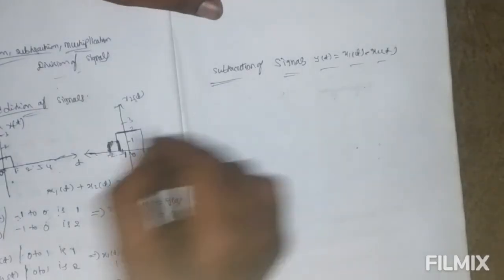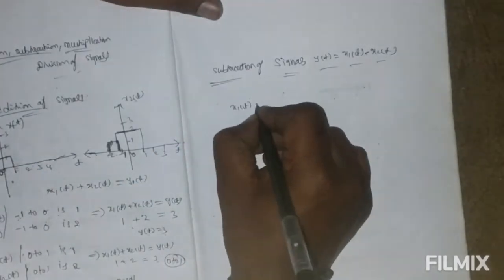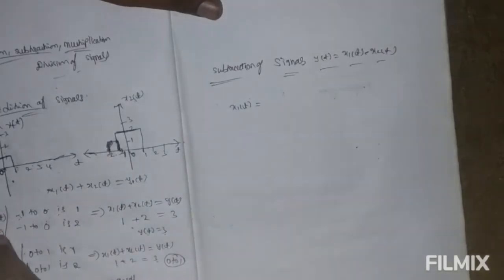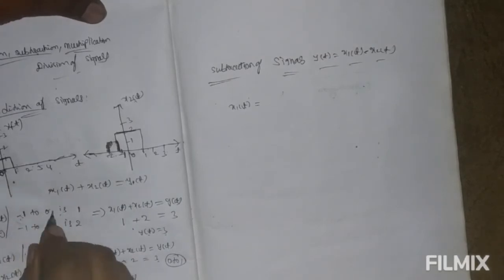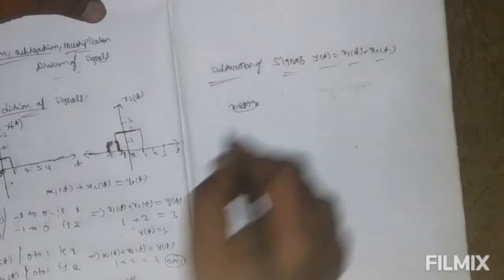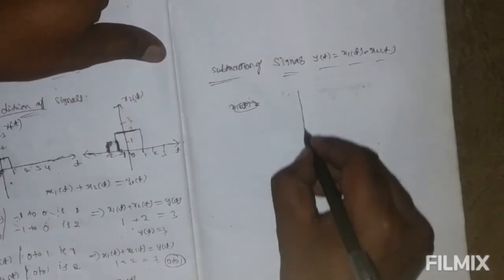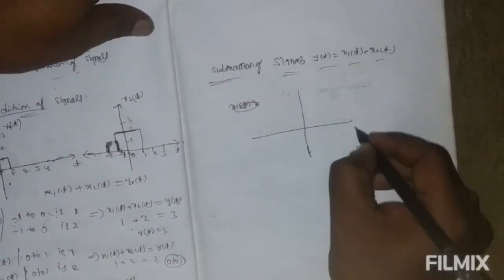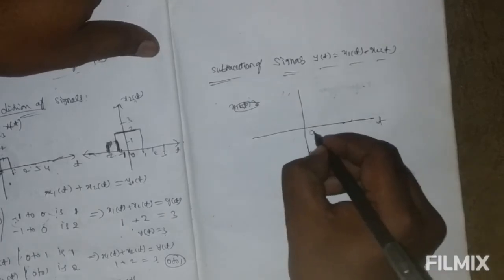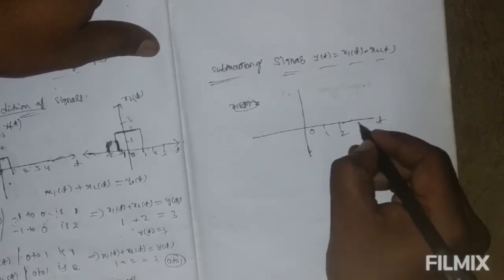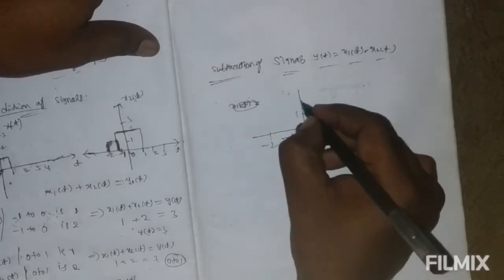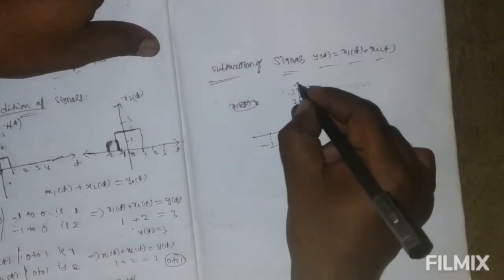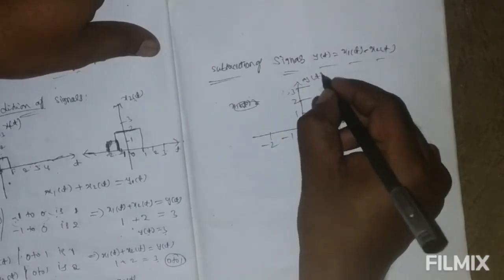In x1 of t, from minus 1 to 0 the value is 1. This is the y of t for the subtraction of two signals.